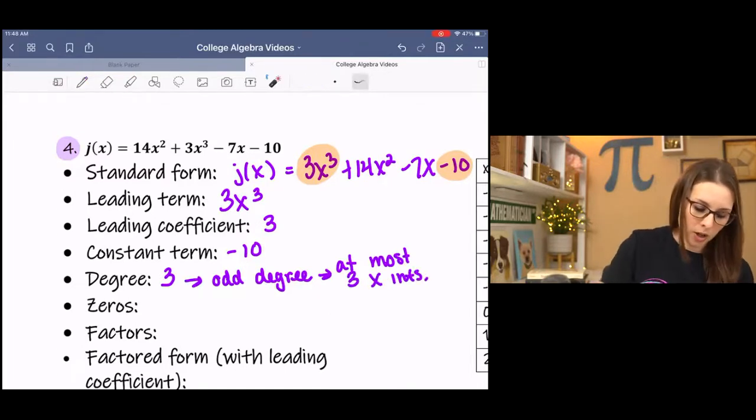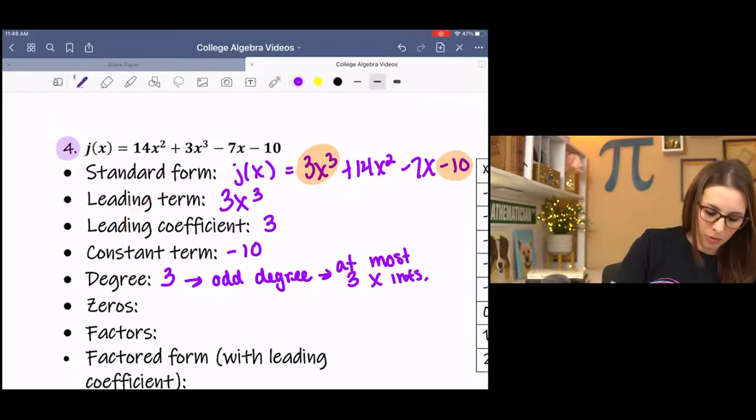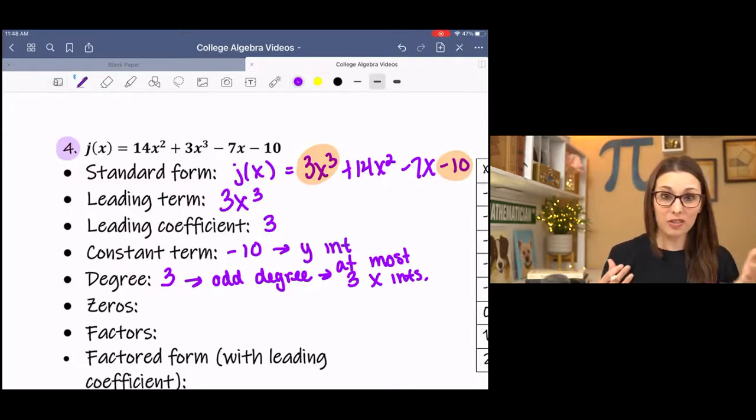And that's why I'm wanting you to list these out, because it's telling you information. Remember, this constant is the y-intercept. So we already have some pertinent information to help us figure out what this graph looks like.